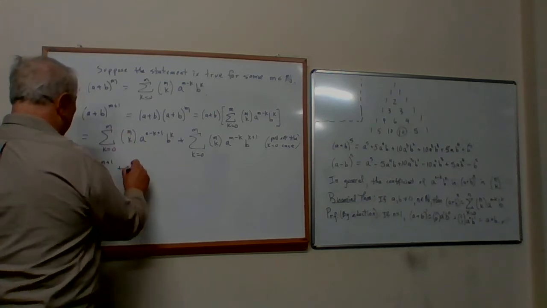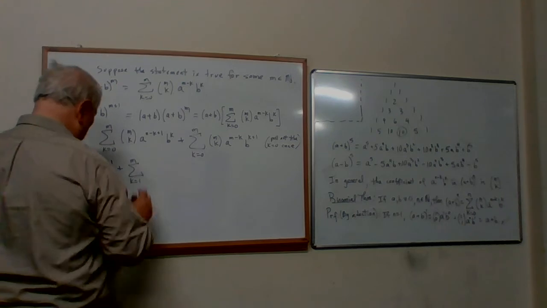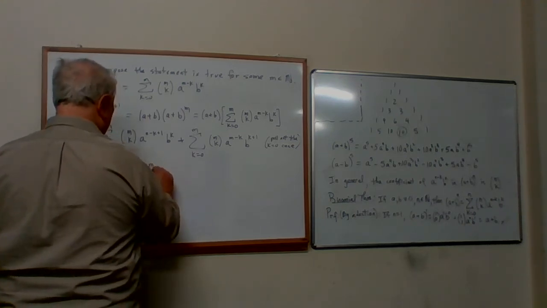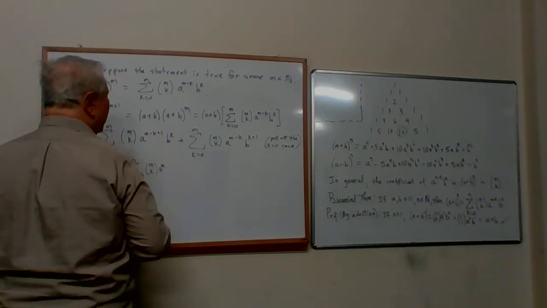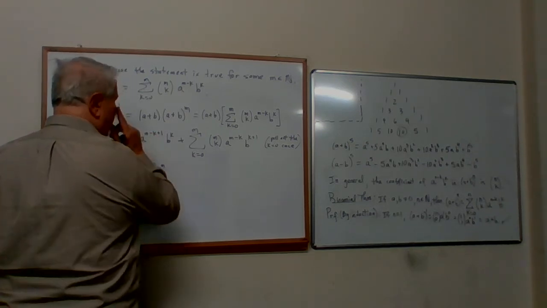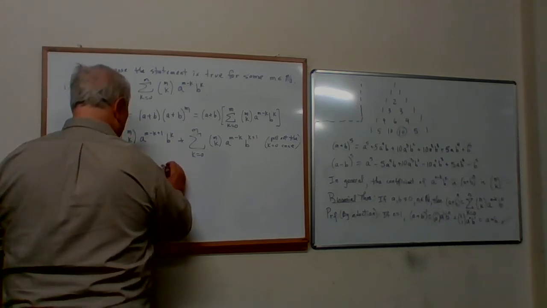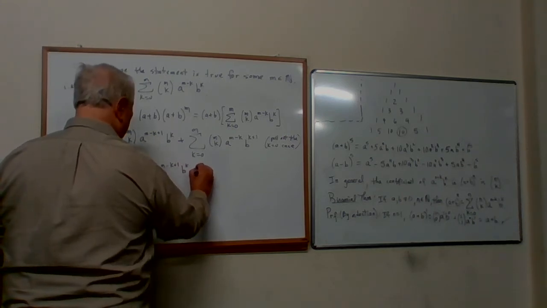Plus, and then the rest of this, that's from k equals 1 to m of m choose k. Sorry, this is not an n, it's an m. This is a to the m minus k plus 1, b to the k.